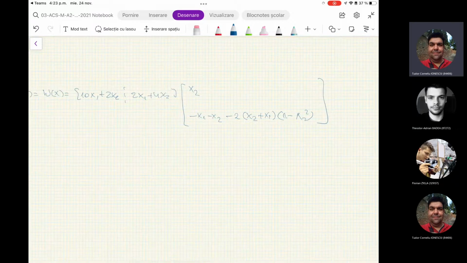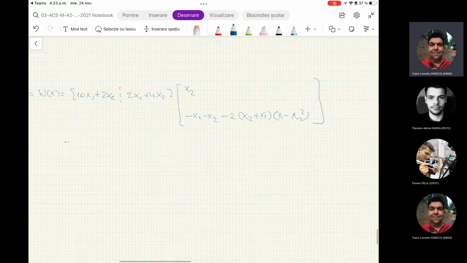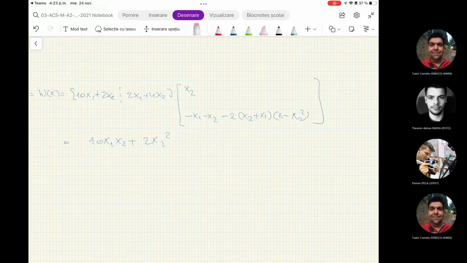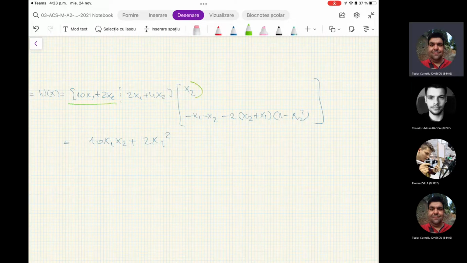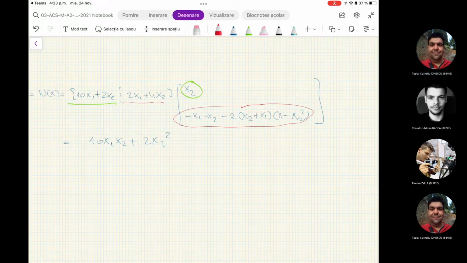This should be a scalar function. So this equals 10x1x2 plus 2x2 squared plus 2x, sorry. Yeah, minus. So now we did this times this, and now we do this times this, plus, and we use the signs.